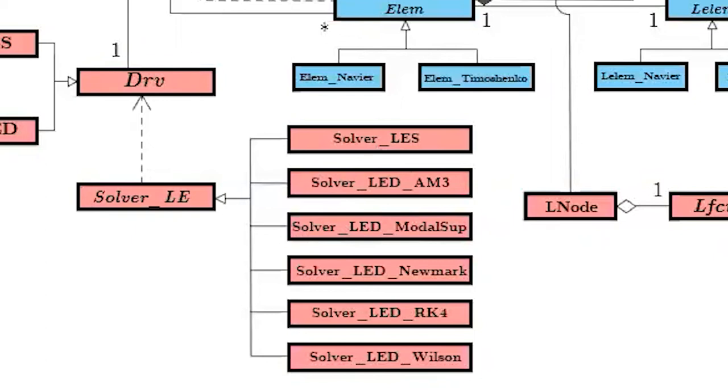Here we have the LES that deals with linear elastic static analysis, the AM3 that deals with the third order Adams-Moulton numerical method, the modal superposition that deals with elastic dynamic analysis, solving an uncoupled system of ordinary differential equations in a modal space, the Newmark that deals with Newmark methods, RK4 deals with Runge-Kutta fourth order method, and Wilson that deals with Wilson theta.